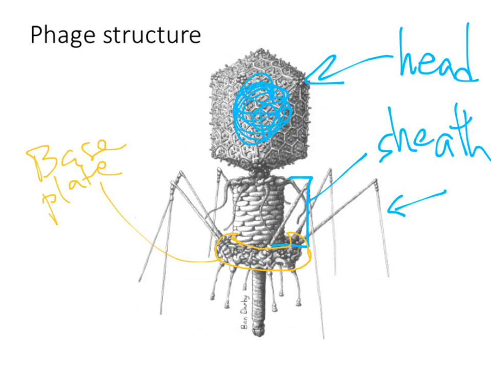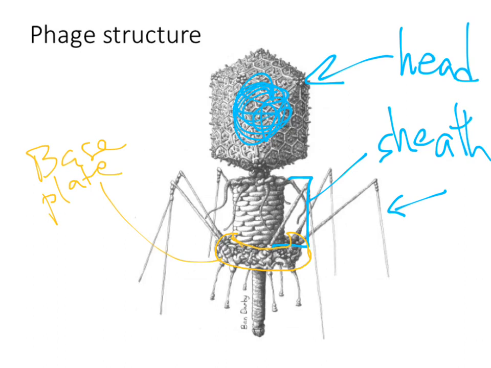Well, it looks like a point of attachment for the tail fibers. It kind of is, yeah. And in fact, what we find on here is lysozyme. Anybody recall what lysozyme does? This is a term we brought up like 4 or 5 weeks ago. Lysozyme breaks down cell walls.